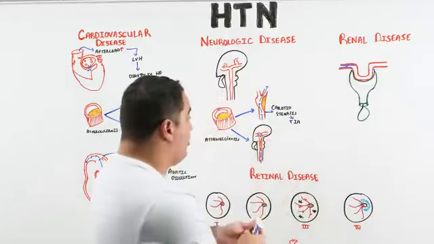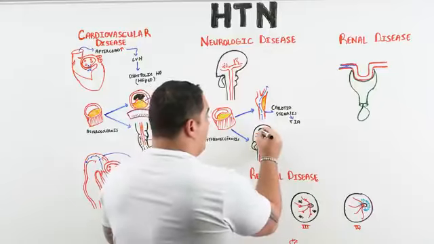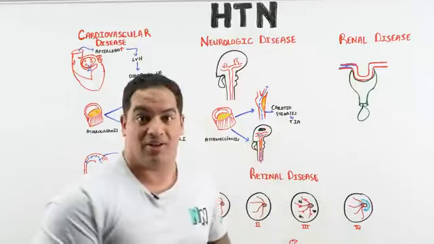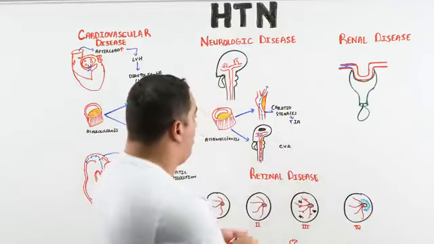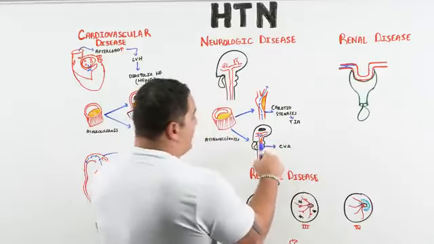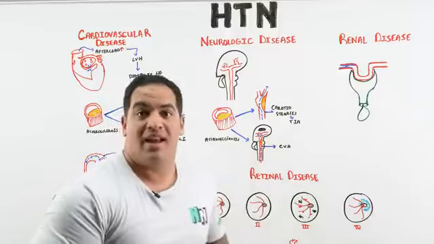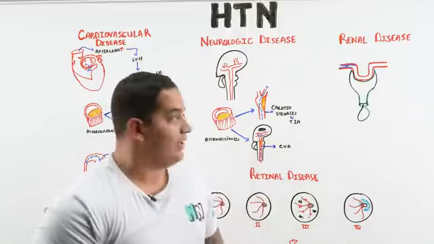And if that happens, you can literally cause death of the tissue. And this is called a cerebrovascular accident. So you can also cause a cerebrovascular accident because of these plaques narrowing the actual lumen of the vessels and limiting the oxygen supply to the tissues.